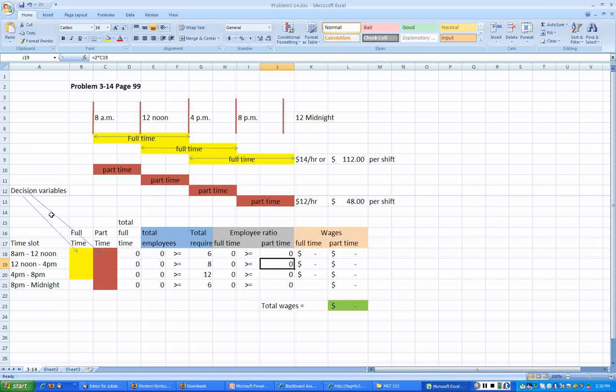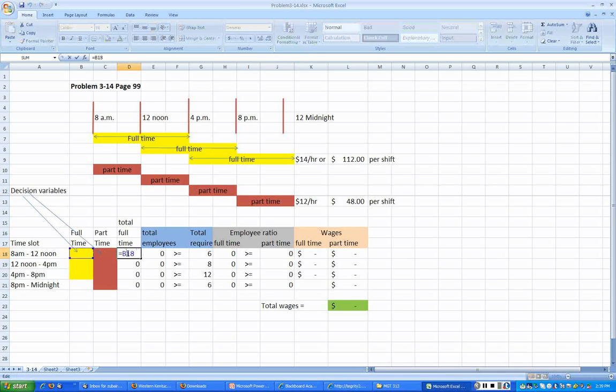First, here are the decision variables. The total full-time from 8 to noon, that is B18, refers to that cell. Here it refers to those who started at 8 and those joined at noon. The third one is those who started at noon and joined by those at 4 o'clock.